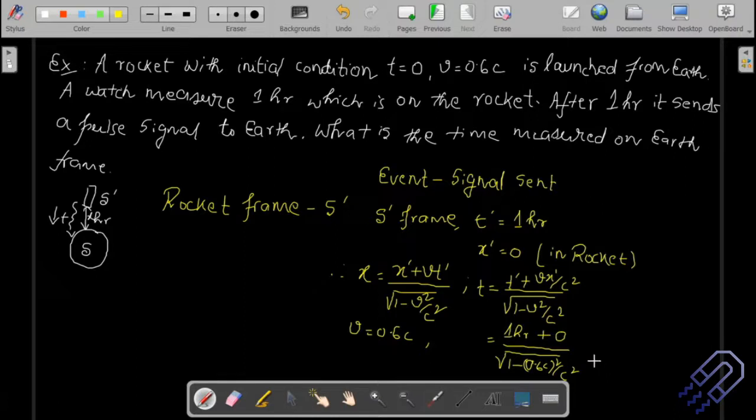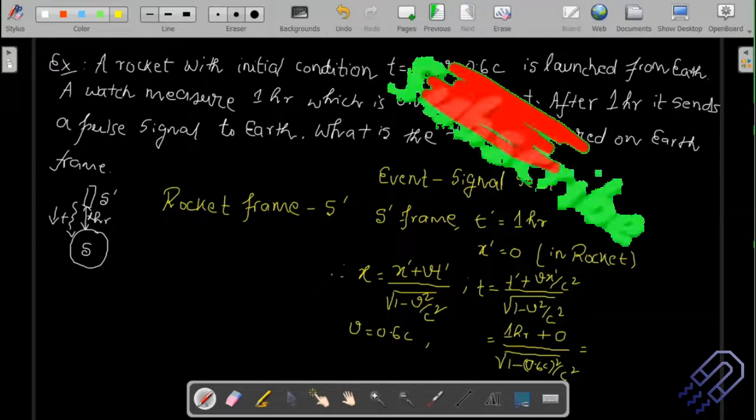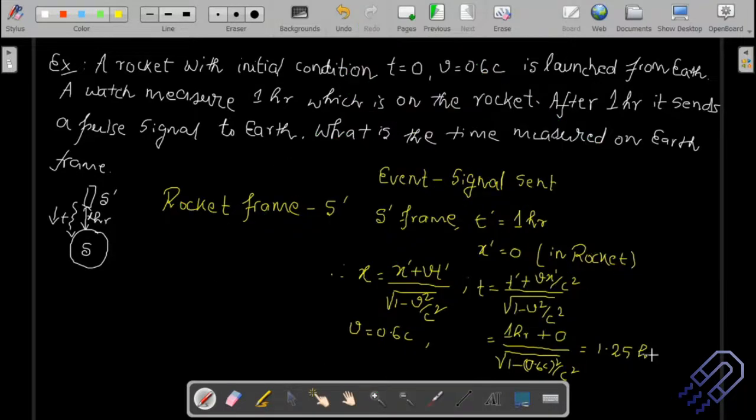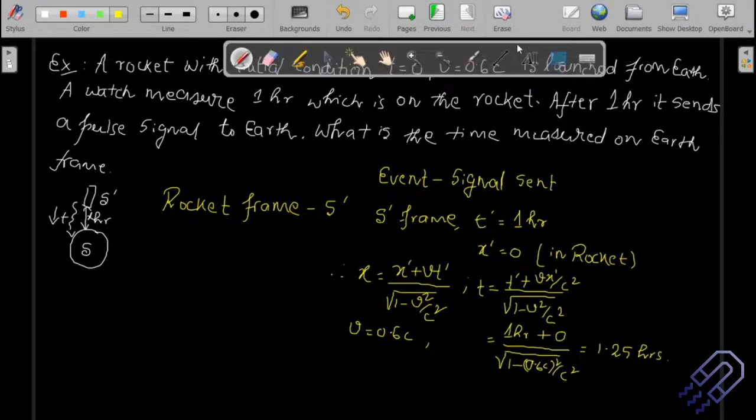If you do this calculation, this would be 1.25 hours. So the time that you measure from the earth for the rocket to reach that position: inside the rocket it is 1 hour, but if you have a watch on earth, that will measure 1.25 hours. That is the entire idea of time dilation.